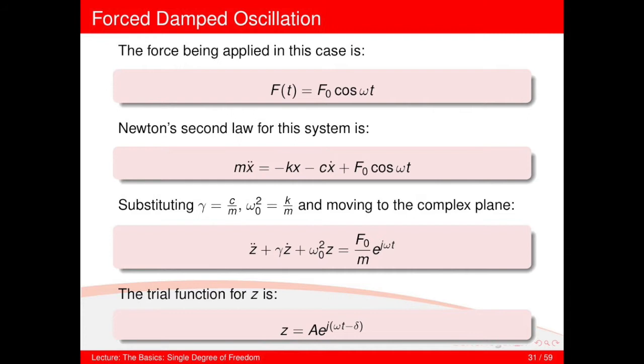We're going to try a trial function, and we're going to predict that the frequency of that trial function will be omega, because it's going to end up going at that frequency anyway. We've got a phase in here which is delta. We'll worry about that in a minute, and we've got a certain amplitude. We don't know what that is yet. So we'll stick that in for z and see what happens.